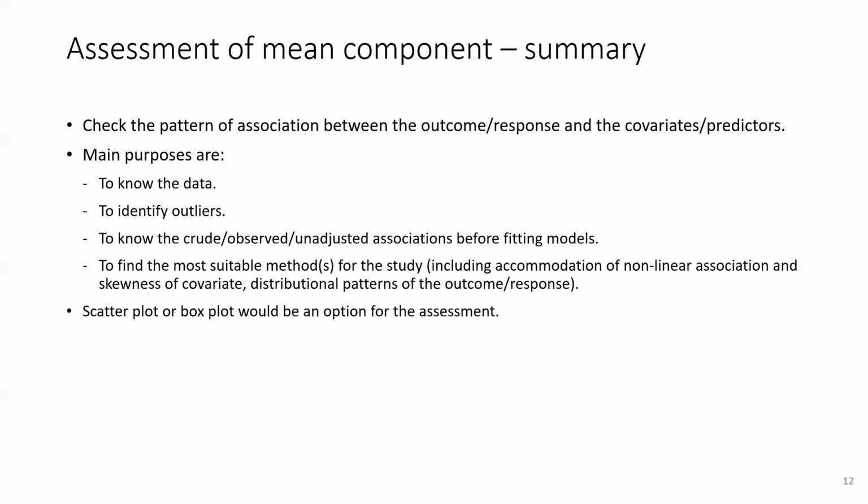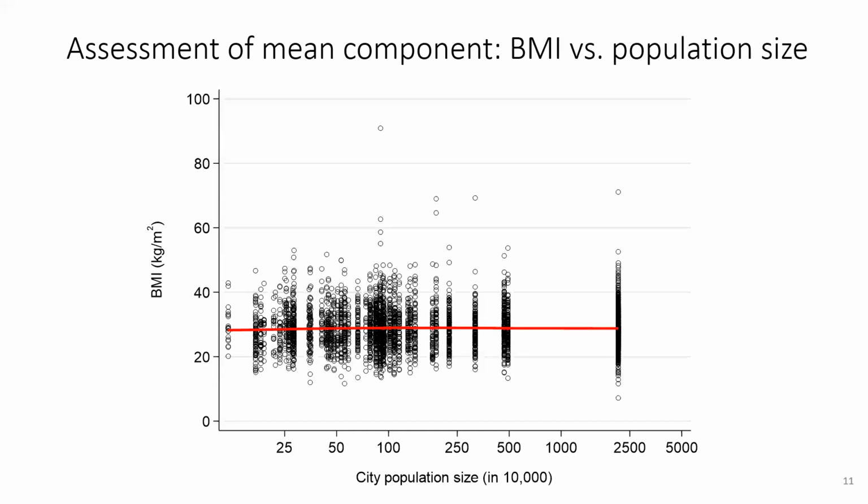The second graph you showed, this one, the city size population, is it log transformed here? Well, the value itself is not log transformed, but the x-axis is; you can see, it's log.